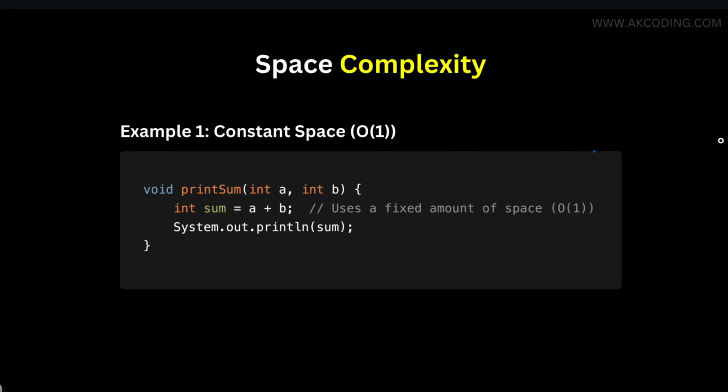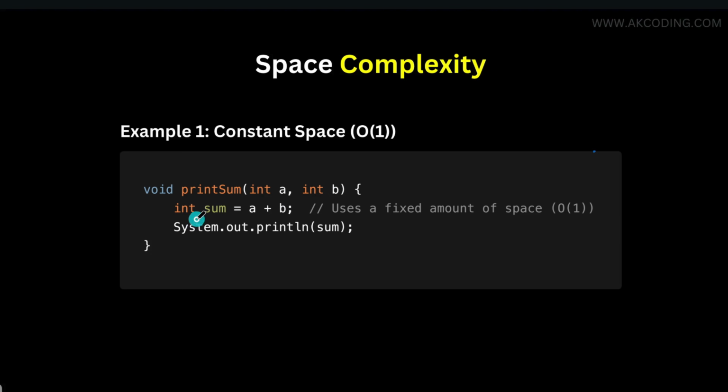Now let's understand space complexity with the help of examples. Here we will understand constant space, that is O of 1. Here we have taken an example, print sum, that accepts two input values, a and b.